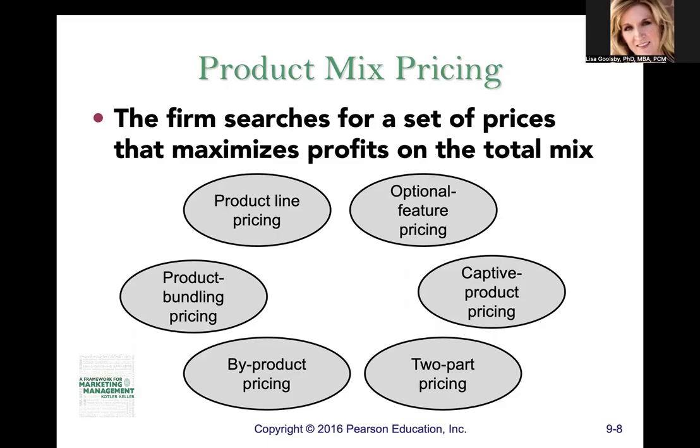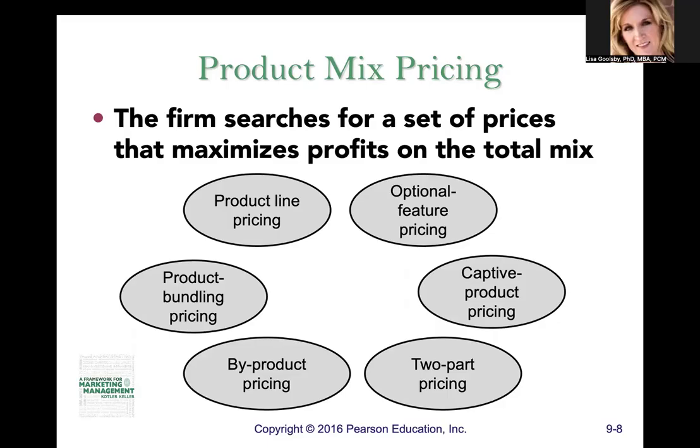You can have optional feature pricing. Again, you see it with a car, they're going to have that optional feature that will add to the price. Captive product pricing. You're all students, so you probably use a lot of printers. You know that if you go to purchase a printer, the printer itself is pretty economical. It's not going to cost a lot.